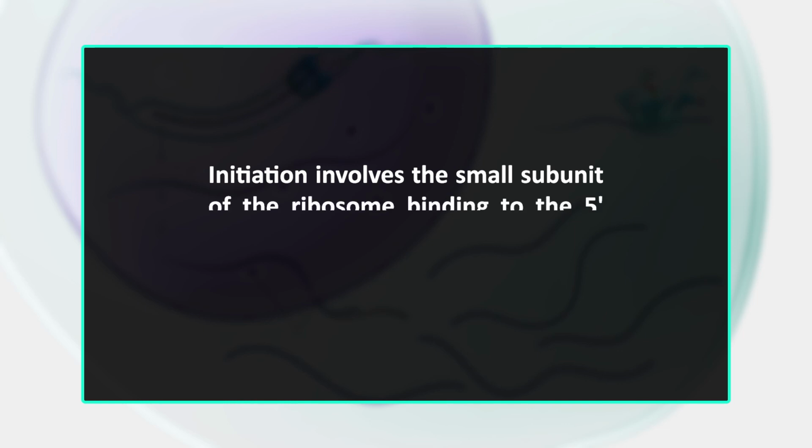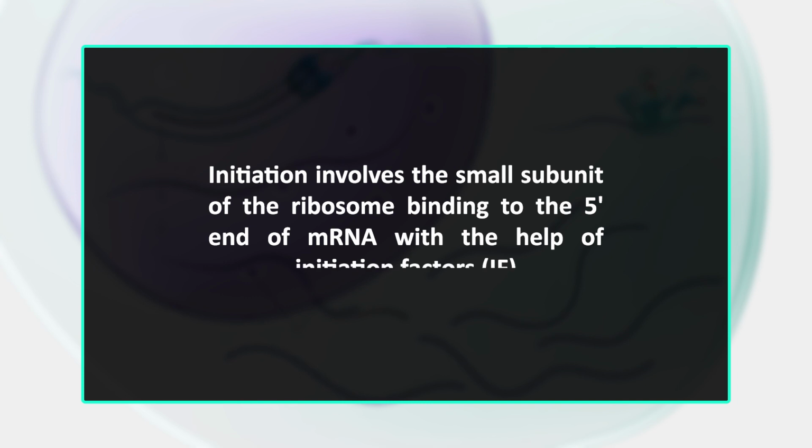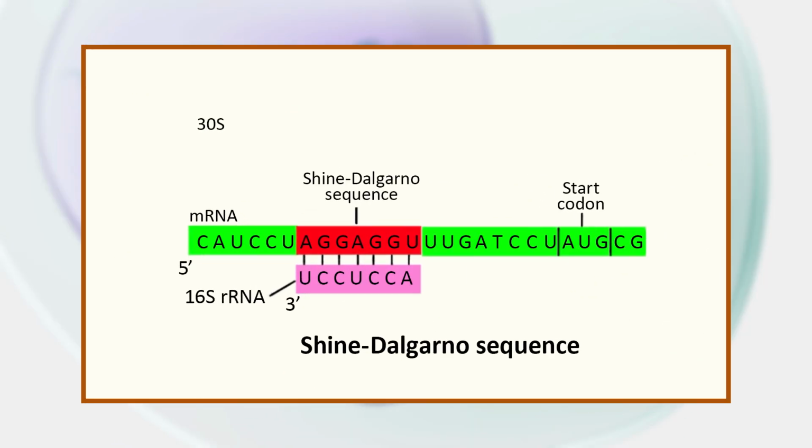Initiation involves the small subunit of the ribosome binding to the 5' end of mRNA with the help of initiation factors. In bacteria and a minority of archaea, initiation of protein synthesis involves the recognition of a purine-rich initiation sequence on the mRNA called the Shine-Dalgarno sequence.